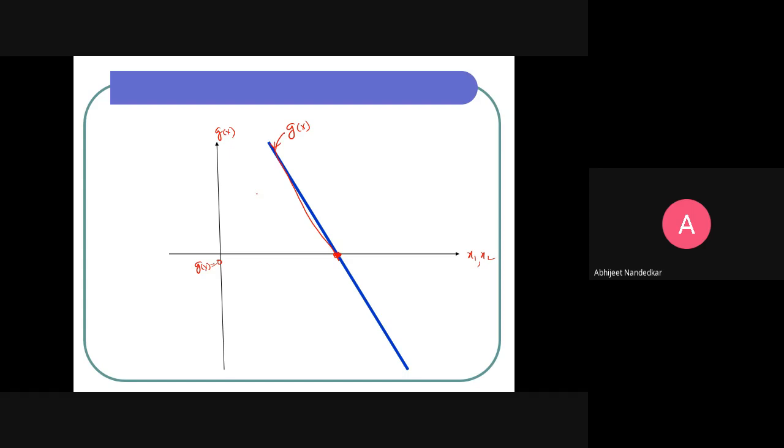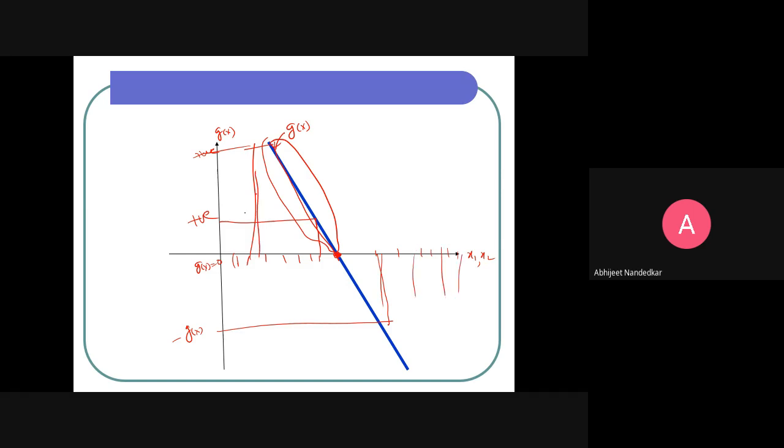If you take any sample like this, it will cut the positive side of the plane and give you a positive output. If you take any sample from this side, it will cut the negative portion of your g of x. So g of x is negative for these samples, and g of x is positive for these samples.